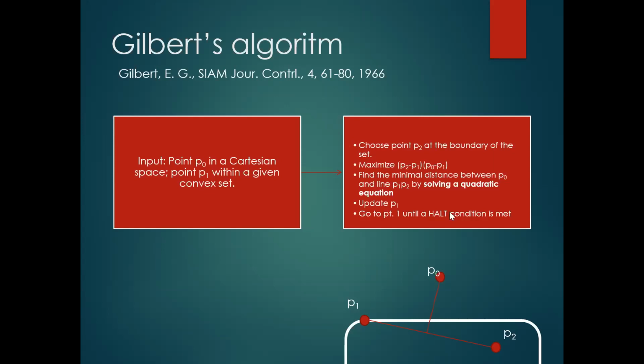Then you minimize the distance along the line connecting your point inside the set and your point from the boundary, with respect to the point P0, probably outside. If it's inside, then very rapidly you can reconstruct this state exactly.